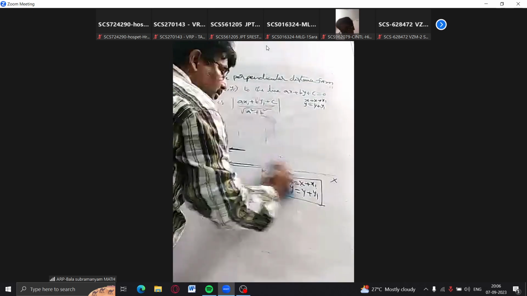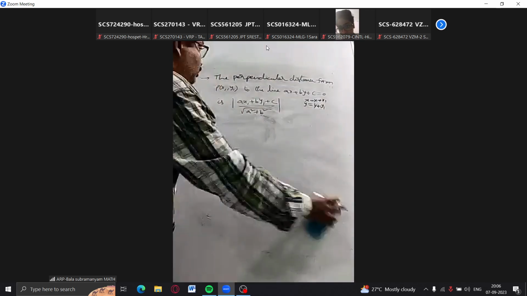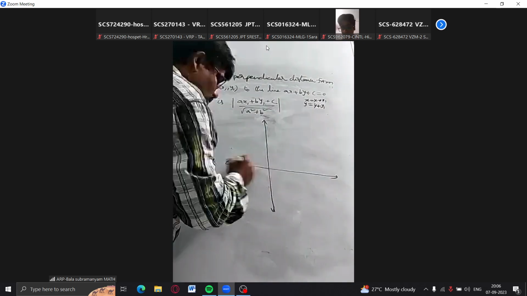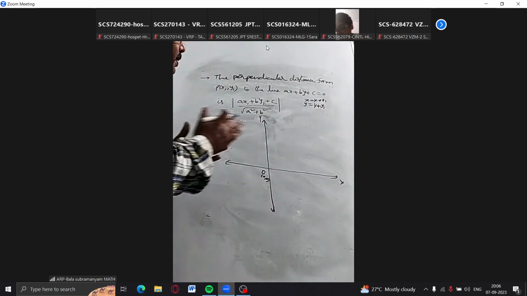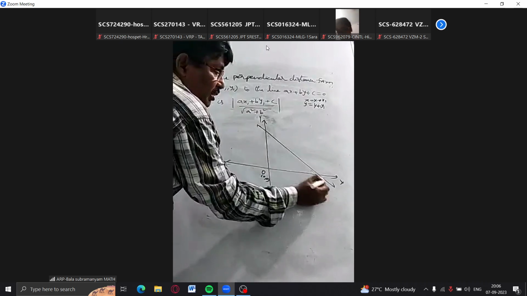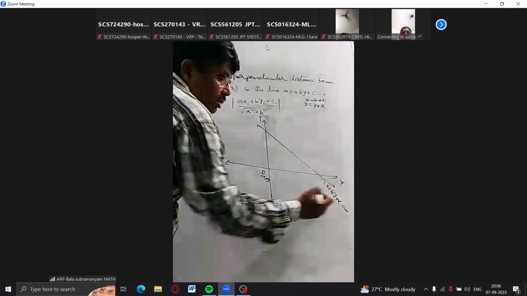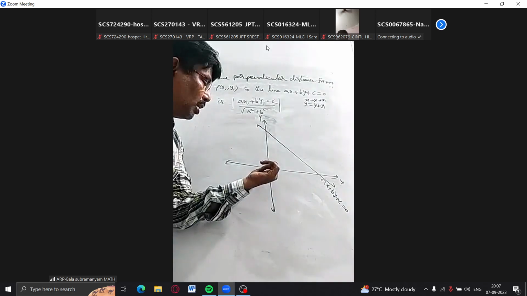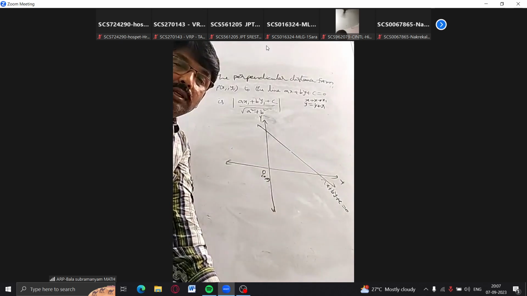Now prove this one. Take the coordinate system; this is the old system with origin O(0, 0). The line equation is given in general form: ax plus by plus c is equal to 0. Already we proved the distance from the origin to the line is modulus of c by root of a square plus b square.